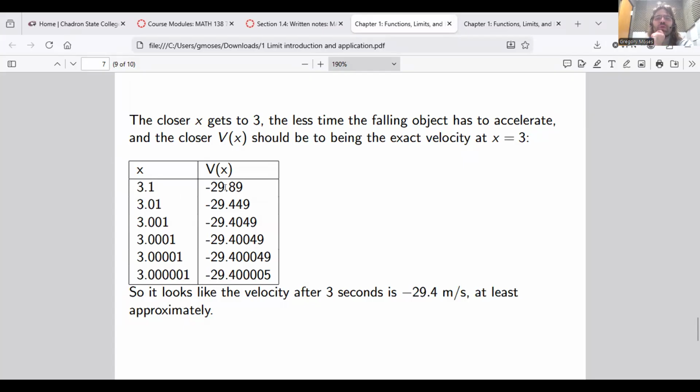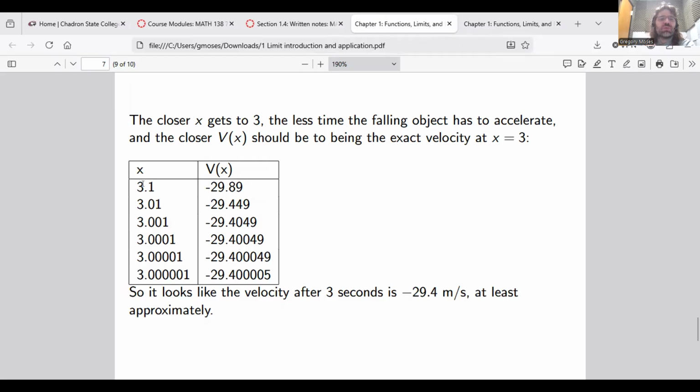And what we have over here is the average velocities. And we've suggested that as these values get closer and closer to 3, the average velocity gets closer and closer to the exact value at 3.